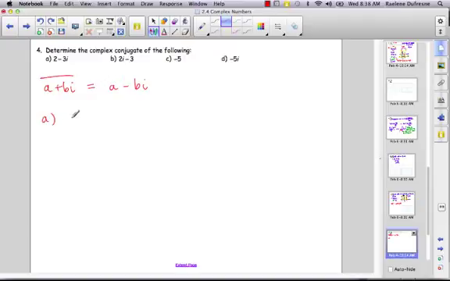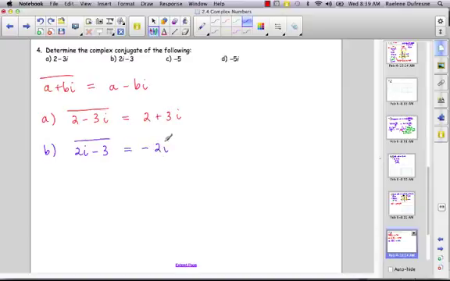So in part A, the complex conjugate of 2 minus 3i, I'm going to write that with a bar over top. So this says the complex conjugate of 2 minus 3i equals, change the sign of the imaginary part. So it becomes 2 plus 3i. In part B, we have 2i minus 3, and so for its complex conjugate, we would change the sign of the imaginary part.